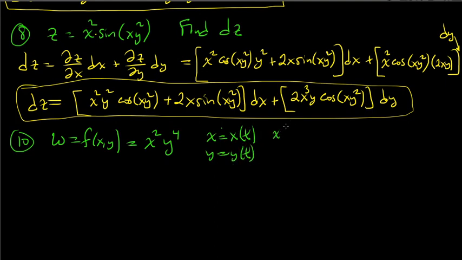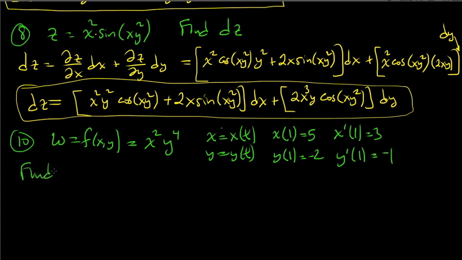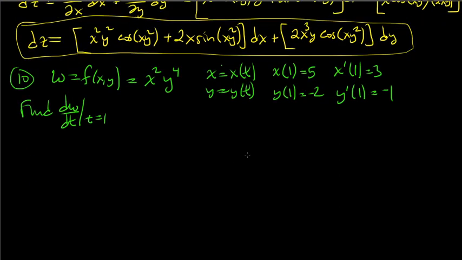And we know the given values, right? X evaluated at 1 is 5. Y evaluated at 1 is -2. The derivative of x evaluated at 1 is 3. And the derivative of y evaluated at 1 is -1. And we want to find the derivative of w with respect to t evaluated at t equals 1.